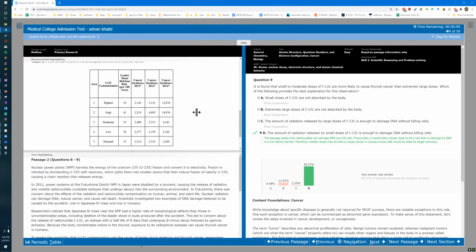If the dose is too high, all that gamma radiation is going to kill the cells, and if the cells are dead, they're not there anymore, so they're not going to be able to become cancerous. But the low or small amounts of I-131 will not have enough gamma radiation to kill those cells. The cells will be alive, but there'll be enough radiation to damage the DNA of the cell, causing them to become cancerous.